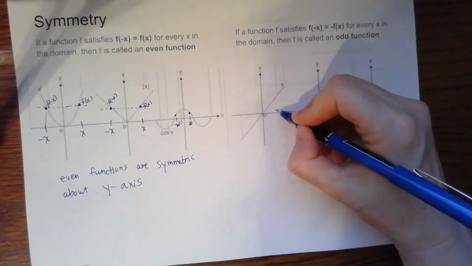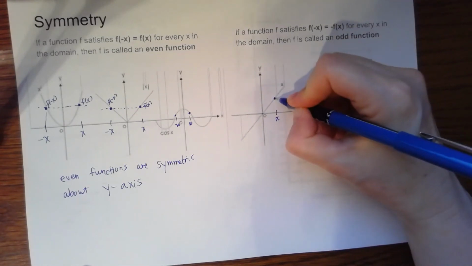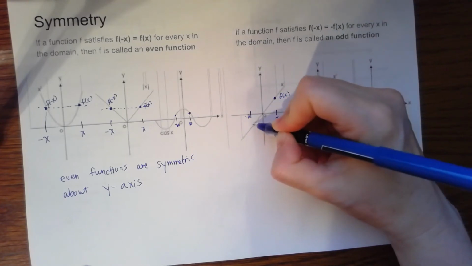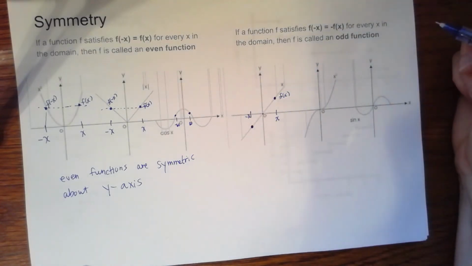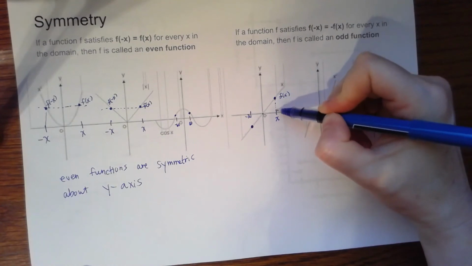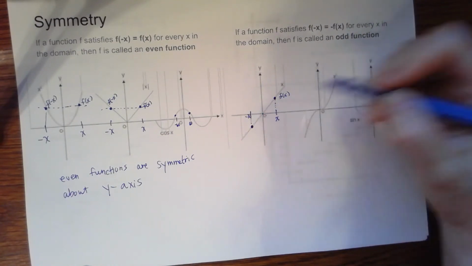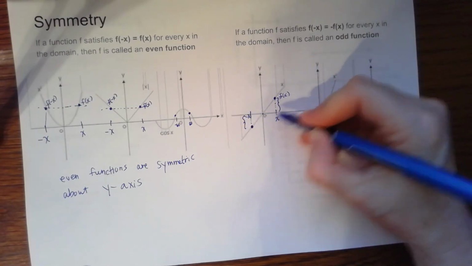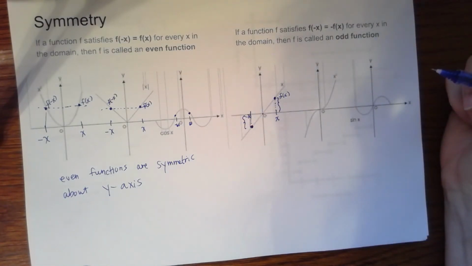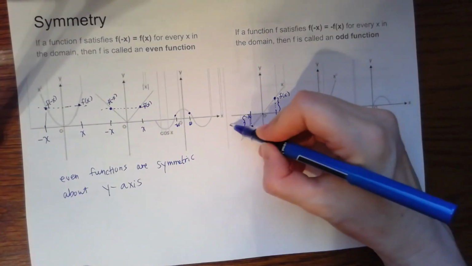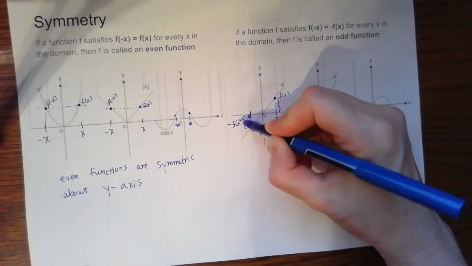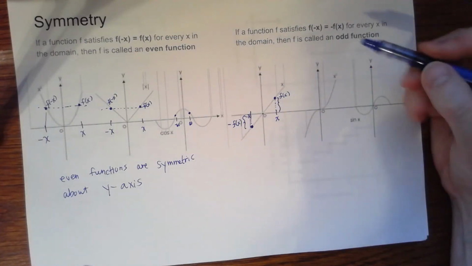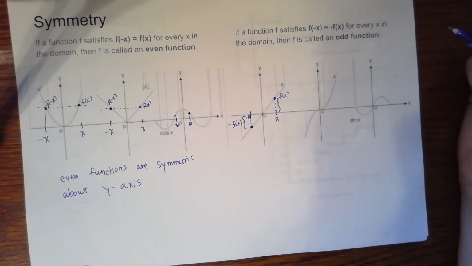If I go out to x, here's f of x, and if I go out to negative x, this distance right here and this distance right here are exactly the same. In terms of absolute value, they're exactly the same, but this one is in the negative direction. This is negative f of x. So those two distances are exactly the same.